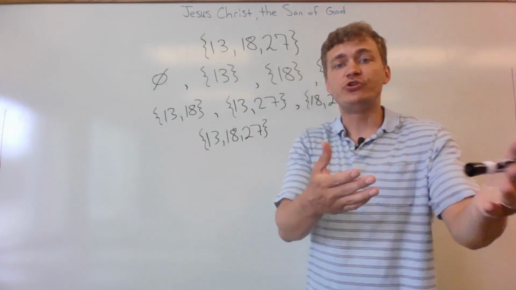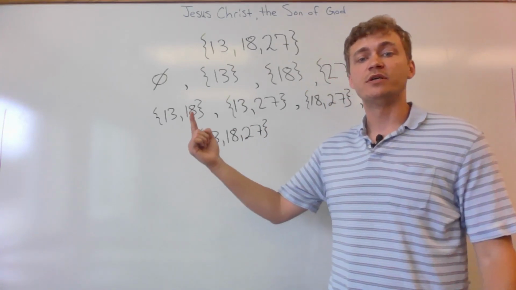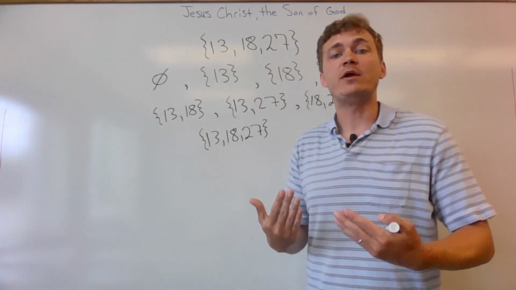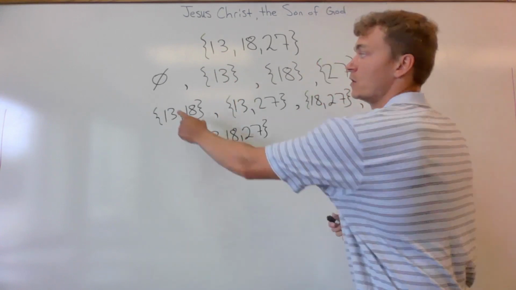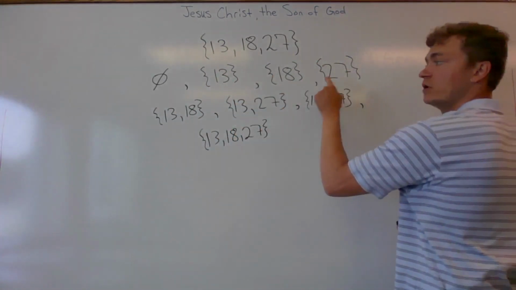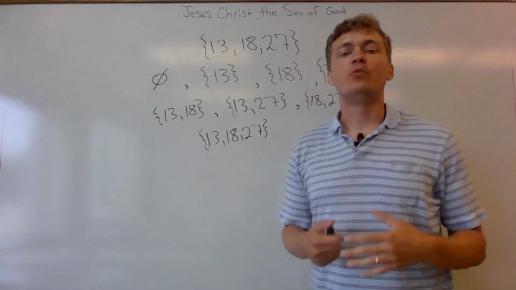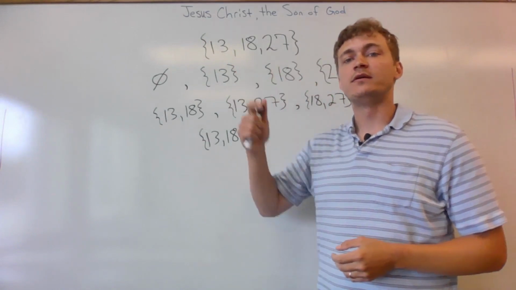If you choose your 3 numbers at home, you're going to have the same number of subsets. That's not going to change. The way they look changes based on the numbers we've chosen, but how many we have is the same no matter what your 3 elements are. 1, 2, 3, 4, 5, 6, 7, 8. You end up with 8 subsets for your set of 3 elements.